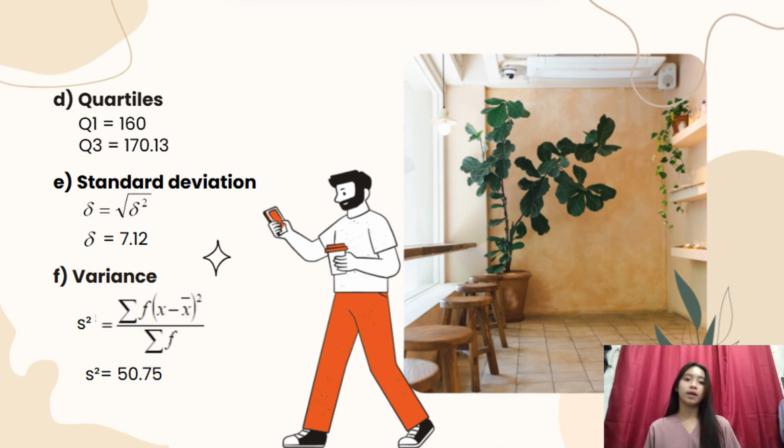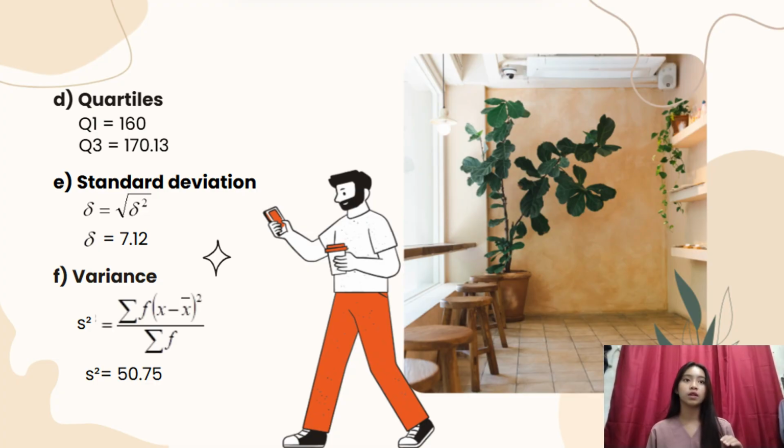Okay, so now I will explain about quartile, variance, and standard deviation. The formula was already shown in this slide. First was quartile. The third quartile was found using the group data formula. First, the position of the third quartile was calculated as 3/4 of the total frequency, which is 75.